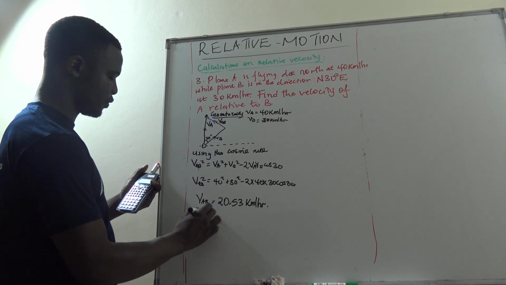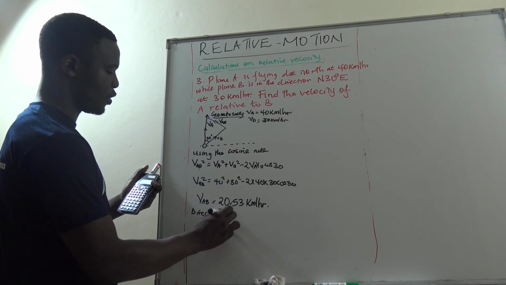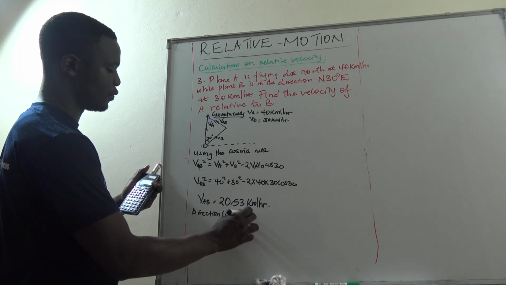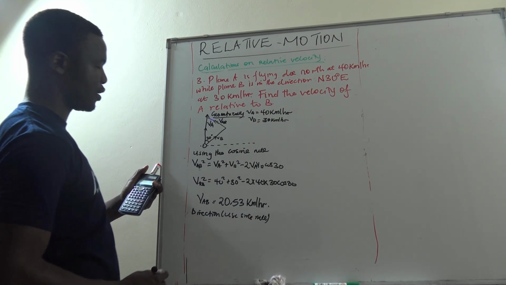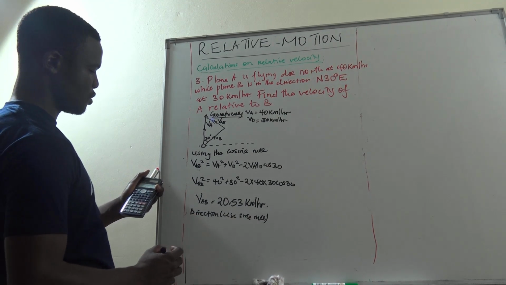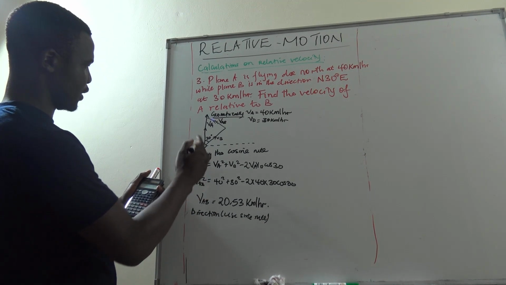To get the direction, we use the sine rule. How does the sine rule work in this case?